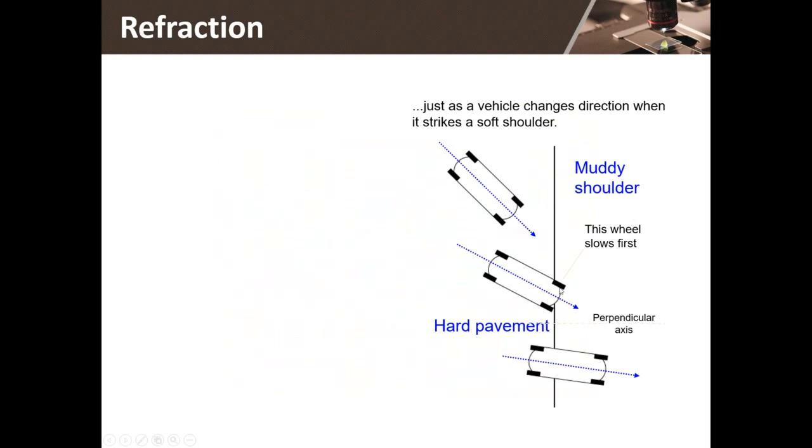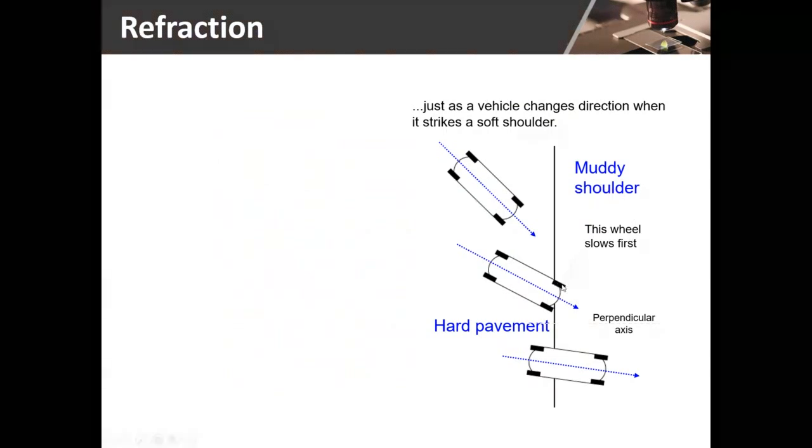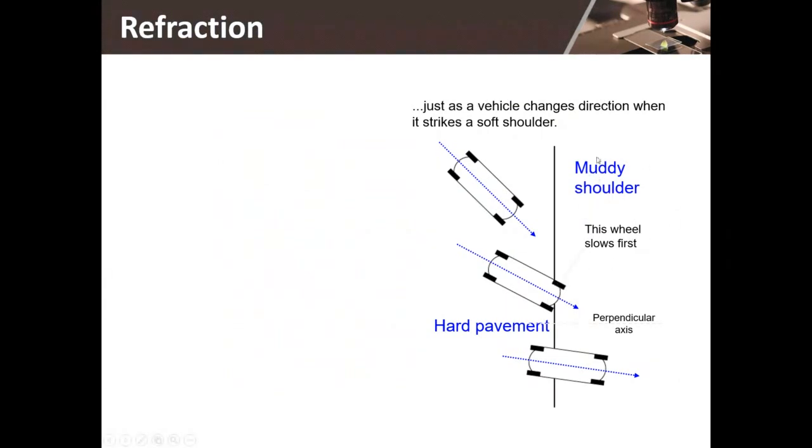And then all of a sudden, your front right wheel hits kind of the mud on the shoulder of the road. Now, you're still pushing on the gas. The other wheels are still going 55 miles an hour, but this wheel is going to slow down because it's in mud, right? So what's going to happen to the car when that one wheel starts to slow down?